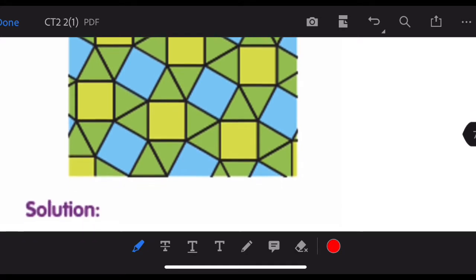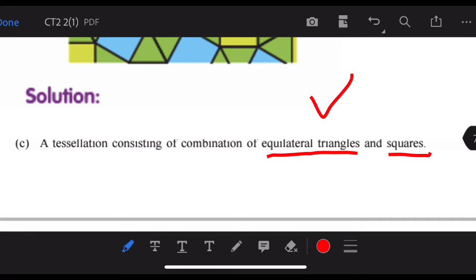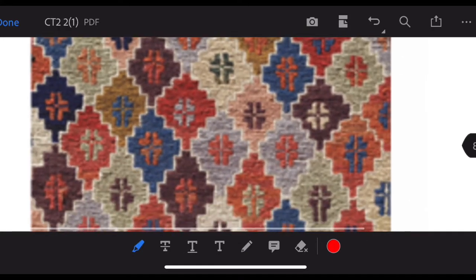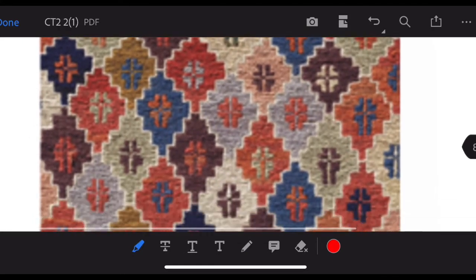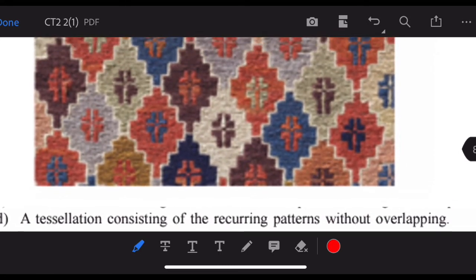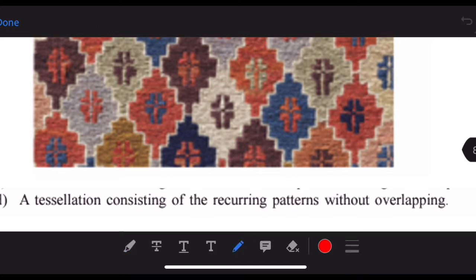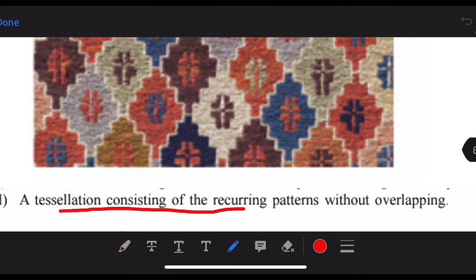You can see the triangles. So yes, it is a tessellation. Okay, how about this one? This one shows a systematic pattern recurring. Alright, it is a tessellation consisting of recurring patterns without overlapping.